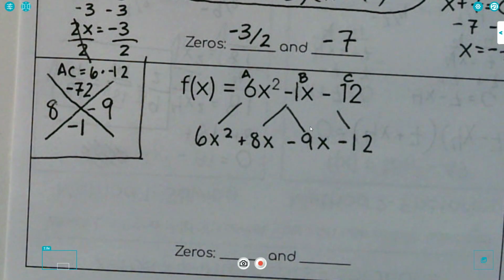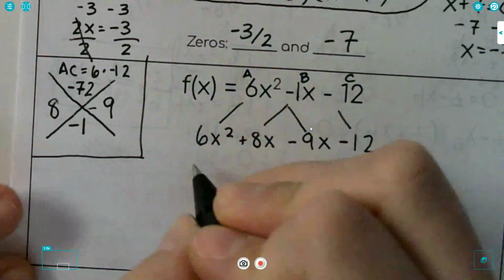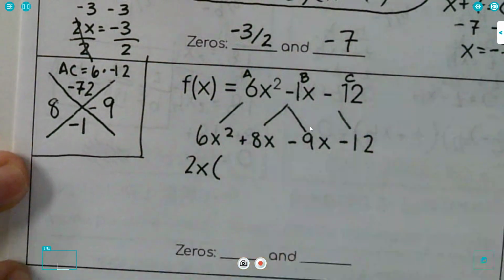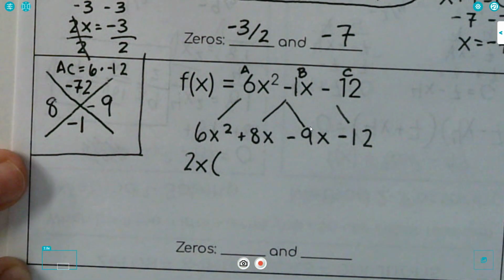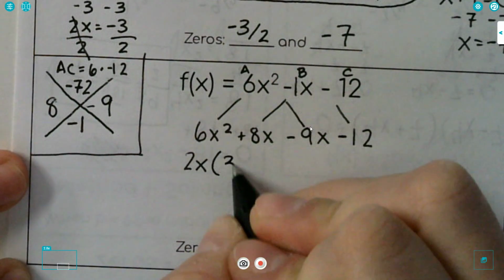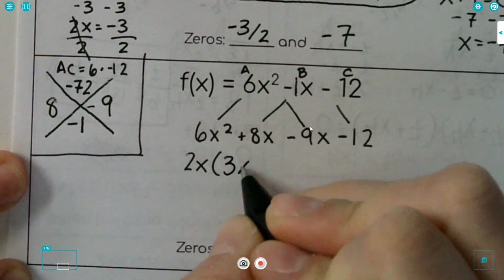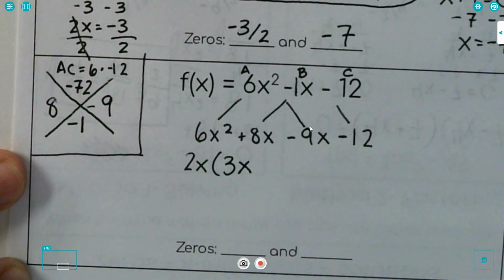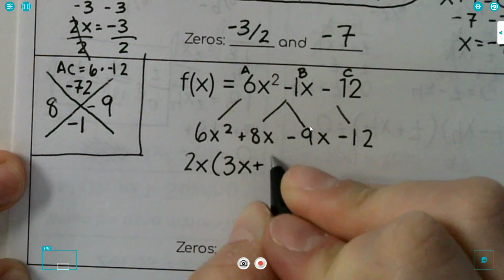What can we divide 6 and 8 both by? 2. I can also pull out an x. So 6x squared divided by 2x. 6 divided by 2 is 3. X squared, take away one of the x's, leaves behind the other x. 8x divided by 2x is 4.